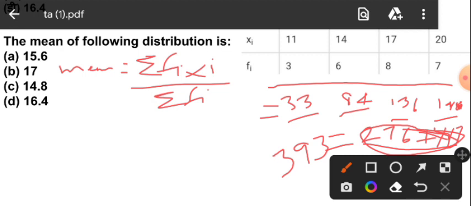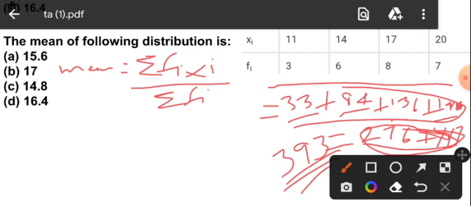So 393 will be the value of sigma fi xi. What we have done here is add all this data, right? And here we also need to add the fi.